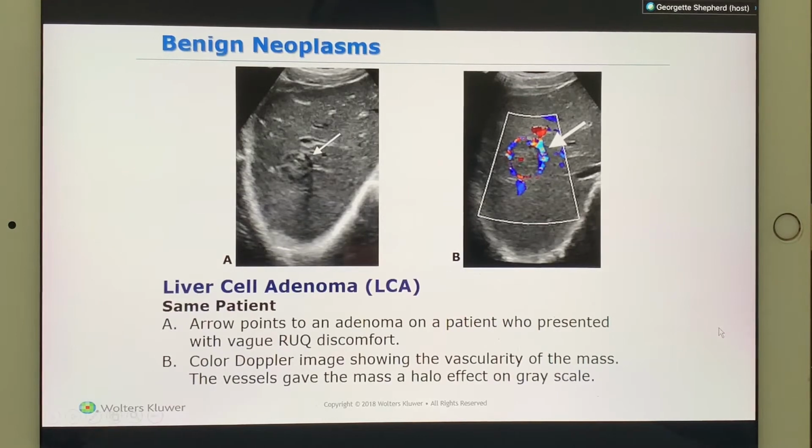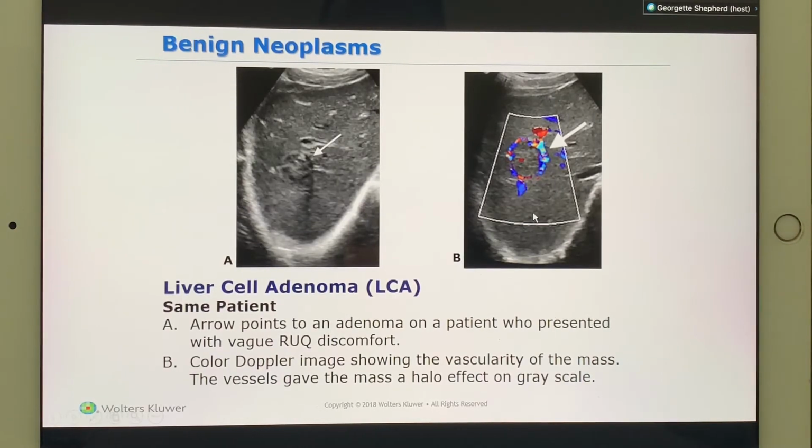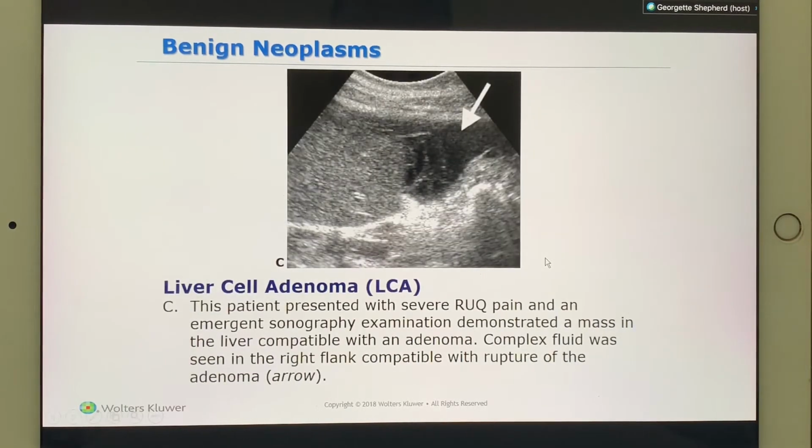So here we have an adenoma. You can see that it has a rim around it. It has a pseudo-tumor appearance. It's hypoechoic with a hyperechoic center. Here it is with color, and you will see a rim of vascularity with a hyperechoic center. So you have to turn on the color to see the halo, right?